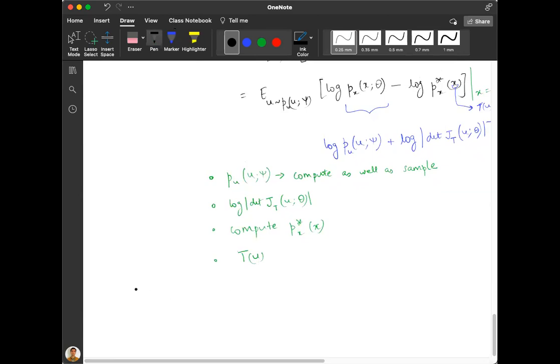Now I'm going to discuss a popular flow, which is called a planar flow. It's a very simple flow, and it was one of the initial things used to develop this theory.